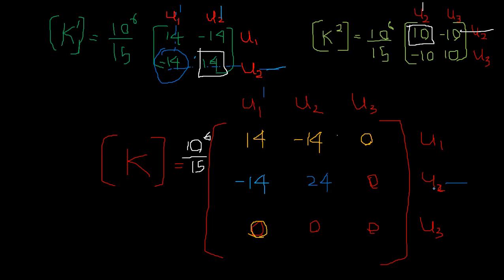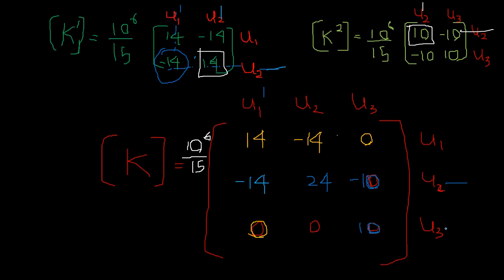Then U2, U3 means minus 10. There are no other elements. U3, U3 is only one element, it's 10.